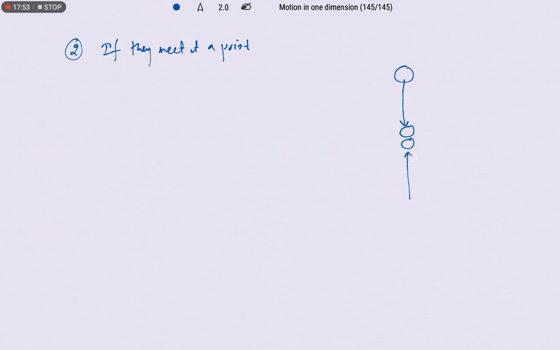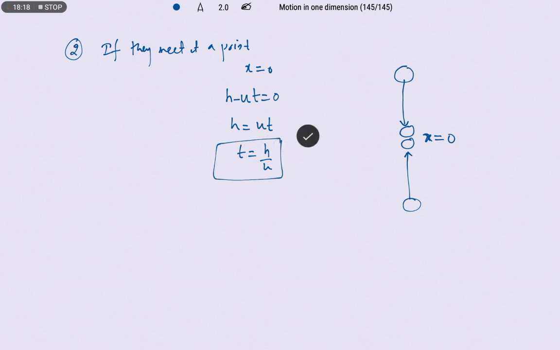The separation between them, x, will be 0. So what is the separation? Separation is 0 if they meet. So h minus ut equals 0. Therefore h equals ut, therefore t equals h by u. So this is the direct formula we need to apply when a case like this is given.